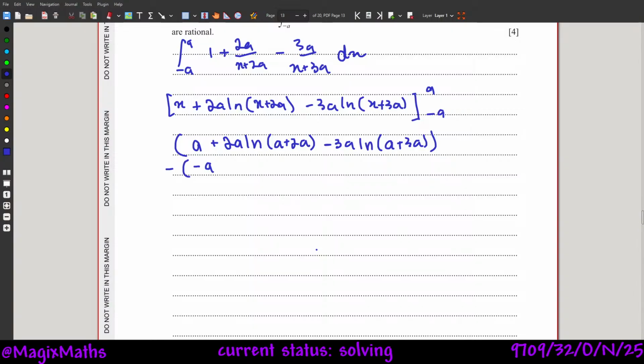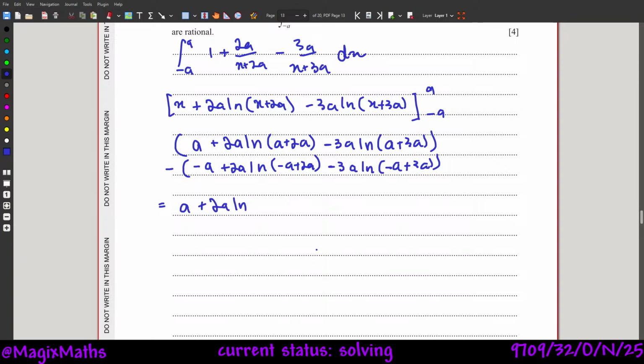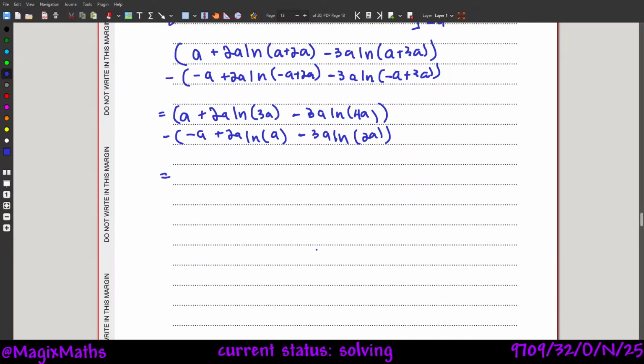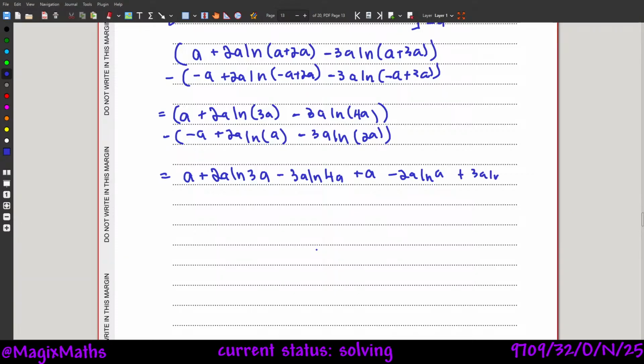This minus this is equal to this minus this minus this, then we'll have a plus 2a ln 3a minus 3a ln 4a, then plus a minus 2a ln a plus 3a ln 2a.